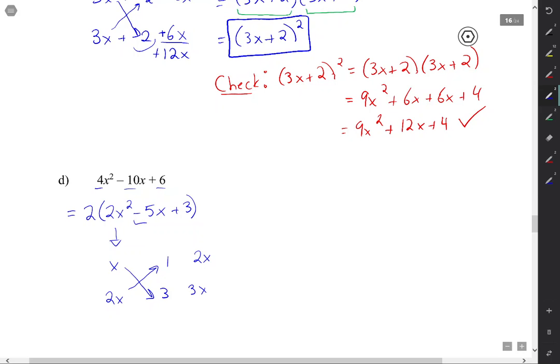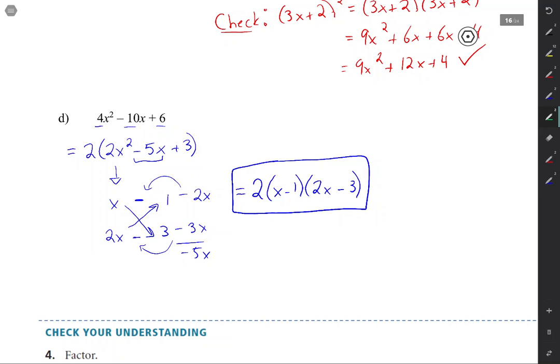So I'm going to do minus 2x minus 3x, and that gives us our negative 5 term in the middle. So I know that a negative sign has to go up here, and a negative sign has to go down here. So our fully factored answer is going to be, I'm going to write that 2 out front, and then we're going to have x minus 1 times 2x minus 3.